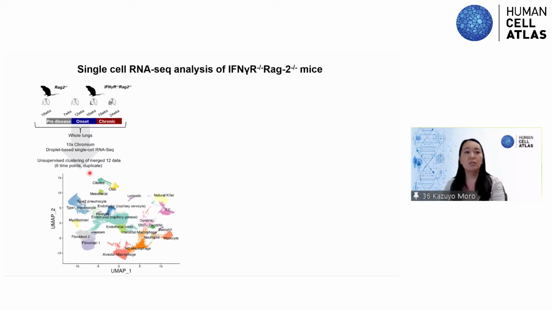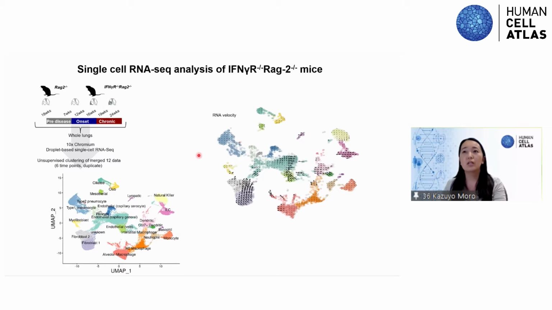This is the data, and we could detect many different kinds of cells, and we did RNA velocity analysis. Four clusters show big differences: fibroblasts, endothelial cells, DC, and ILC2 appear to have a big difference during this fibrosis.